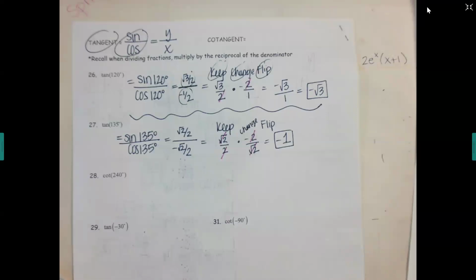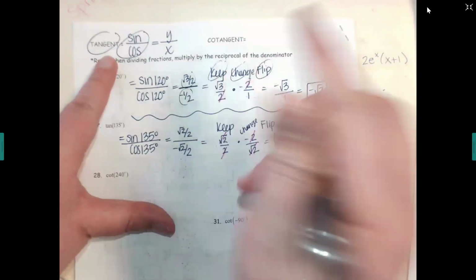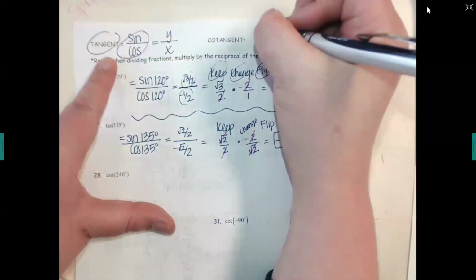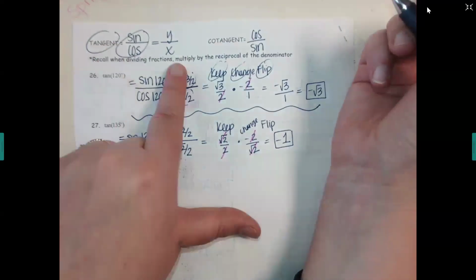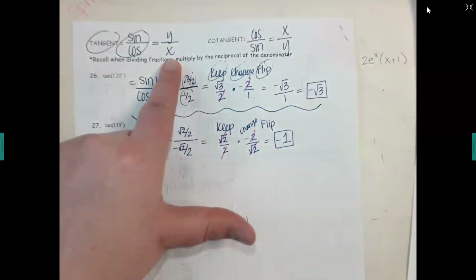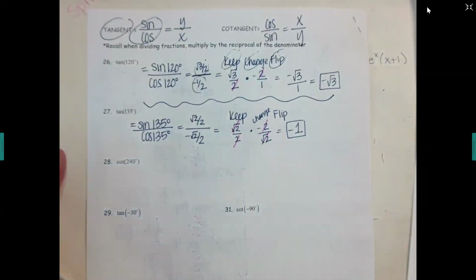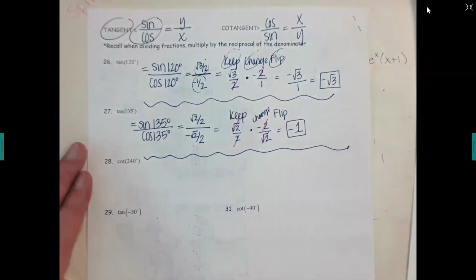Okay, cotangent, if you remember, is the original tangent, but flipped. So instead of sine over cosine, it's going to be cosine over sine. Instead of using y over x, we'll use x over y. So for number 28, let's say I want the cotan of 240.